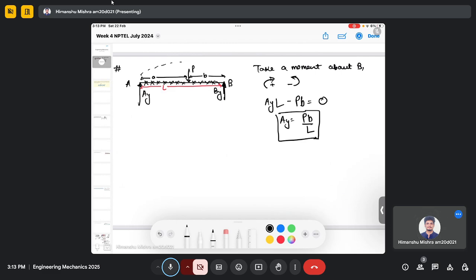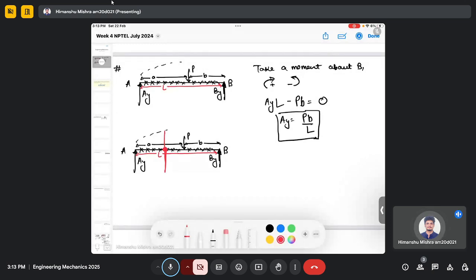So we will consider a section of the beam here, and we will cut it in half. Let's say I cut in this portion because I am interested in what is the force here at this point of the beam, forces and moment.